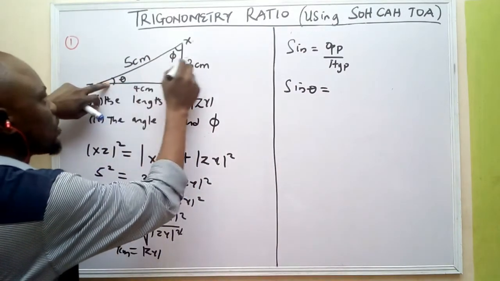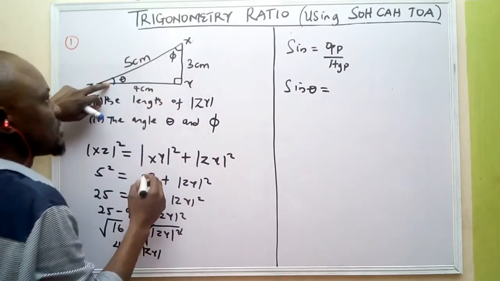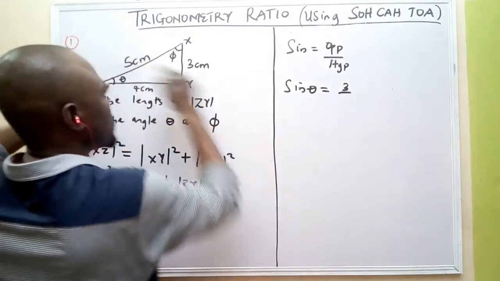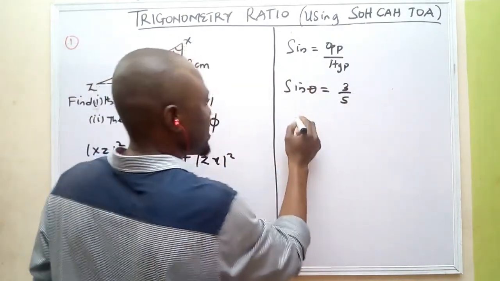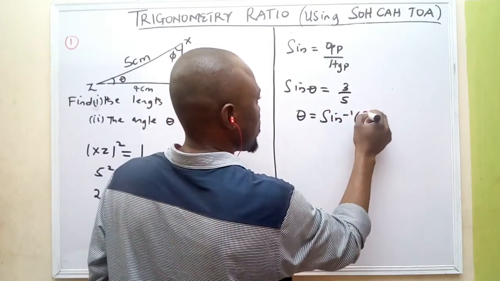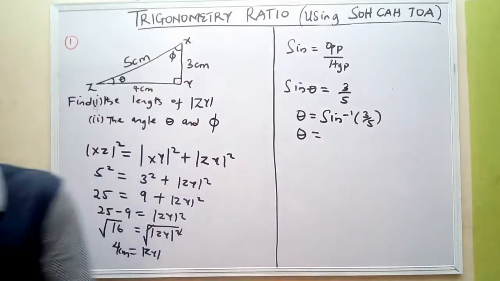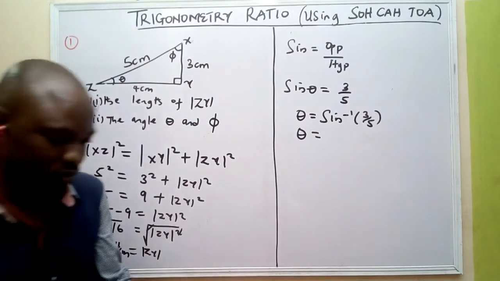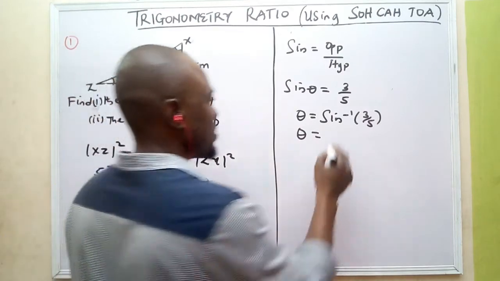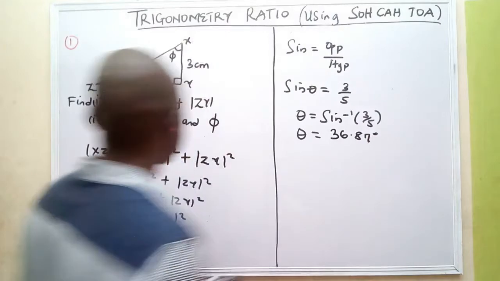So this is the opposite side to theta, and this is the hypotenuse. So opposite is 3 over hypotenuse 5. To get theta, I'm going to do sine inverse of 3 over 5, which will give me 36.87 degrees.